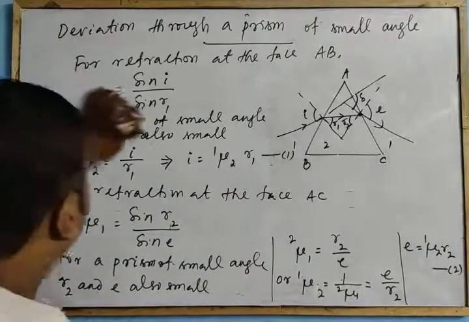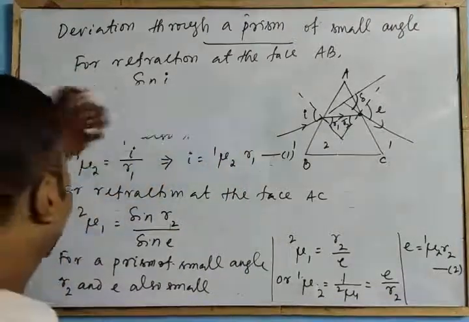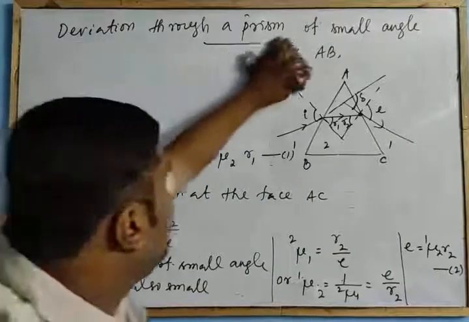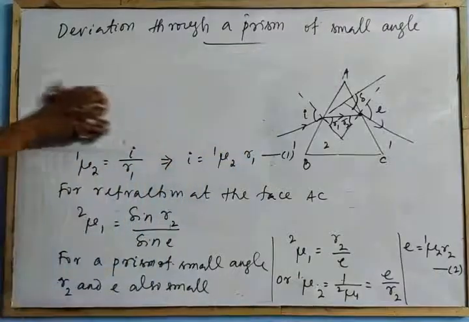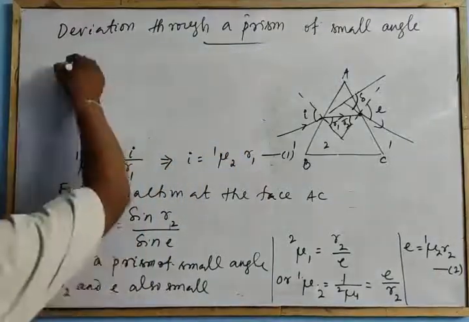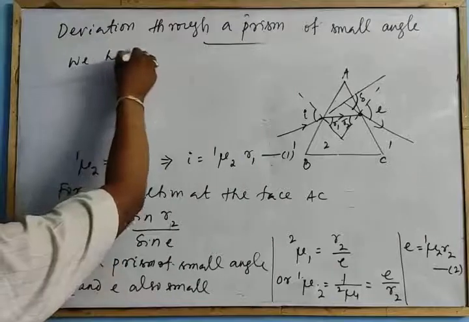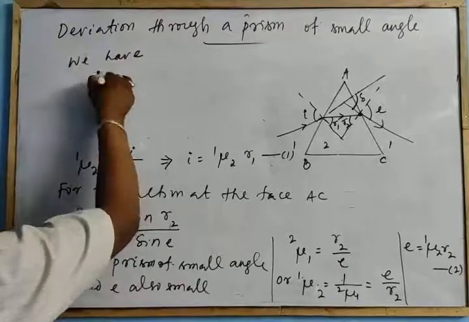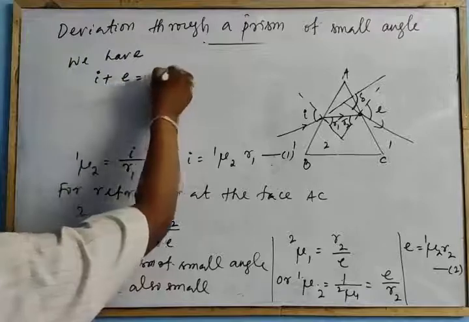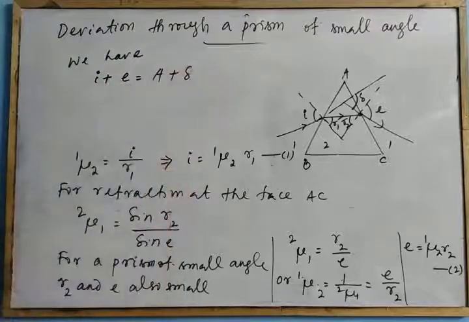Then we will go to the relation. For a prism, deviation through a prism, I plus E is equal to A plus delta. Clear? What is this I?